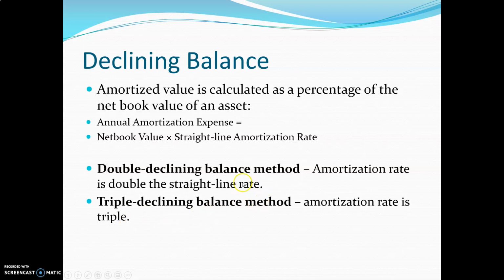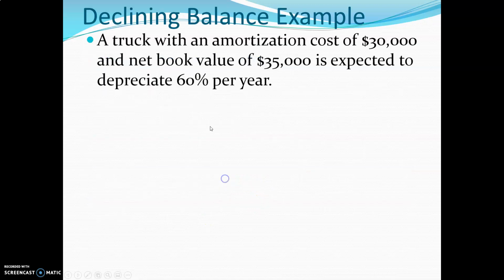So let's take a look at how this is going to work out. So in an example, we're looking at a declining balance. A truck with an amortization cost of $30,000 and a net book value of $35,000 is expected to depreciate 60% per year. Again, we're using easy numbers, and this doesn't match up with our other example, because if it did, then it would be 1 divided by 3, which would be 33% per year.